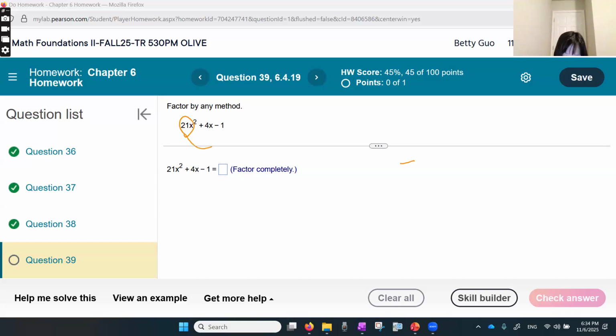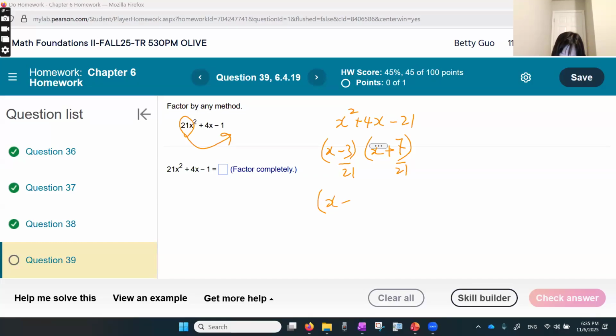All right, this one, nothing to factor out. Slide divide slide. Okay, so I have x squared plus 4x minus 21. The positive number has a bigger absolute value, right? 7, negative 3. Negative 3 times 7 is negative 21, negative 3 plus 7 is positive 4. All right. Divide. Divided by 21.